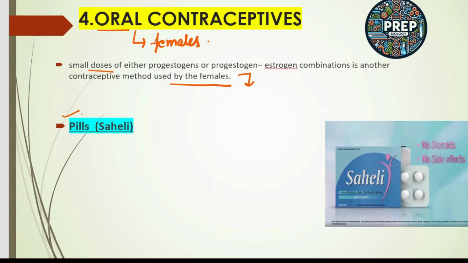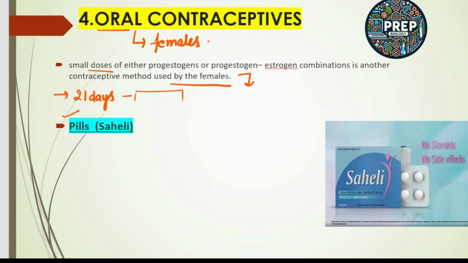These pills are taken daily for a period of 21 days, starting preferably within the first 5 days of the menstrual cycle. So this is important.